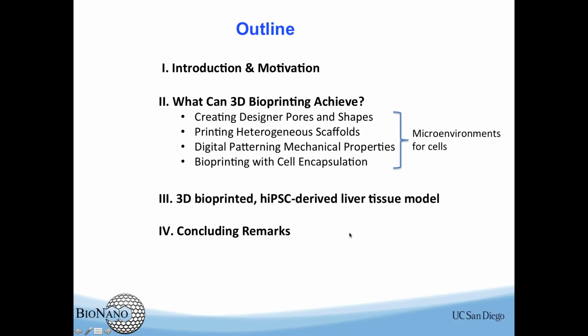Then I would like to focus on a specific example that we recently worked on, called 3D bioprinted liver tissue models derived from human-induced pluripotent stem cells. I'll talk about how we make those, the function analysis, and also a very brief drug testing data. And then I will conclude my talk.